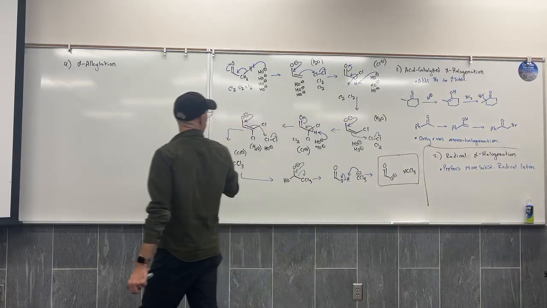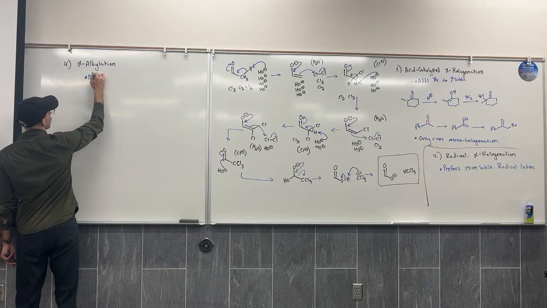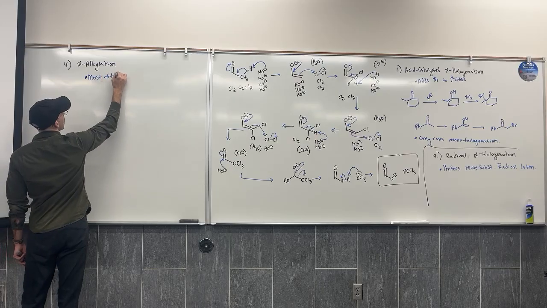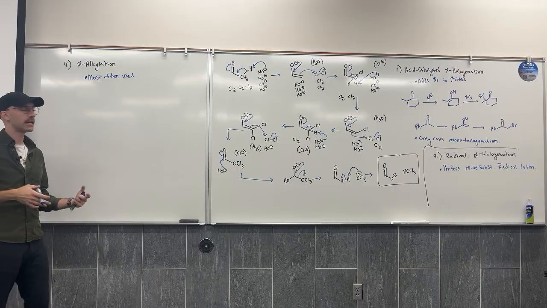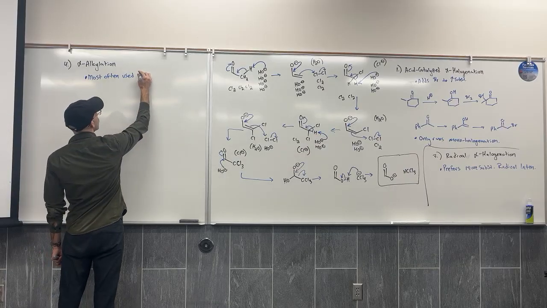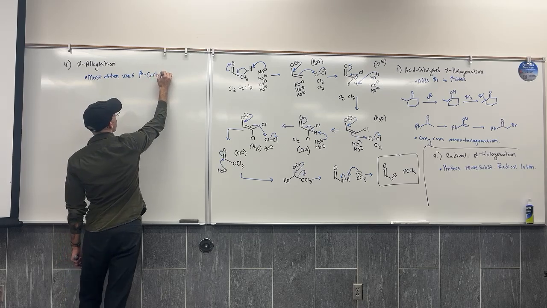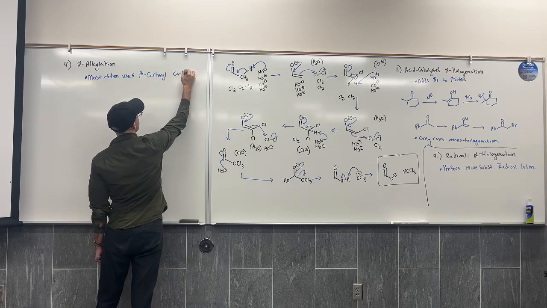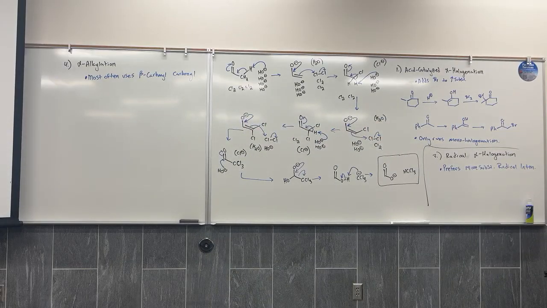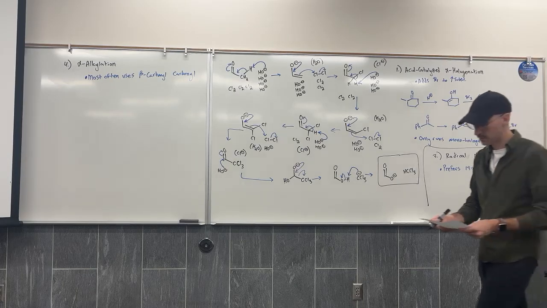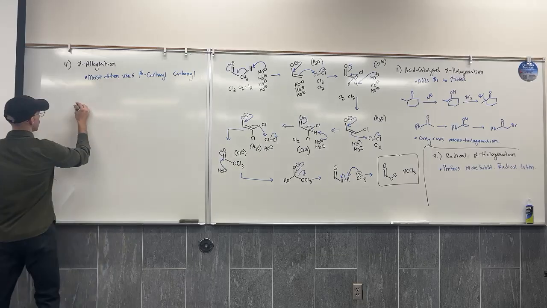Alpha alkylation is most commonly done with those shared alpha carbonyls, a beta keto carbonyl. So you see there that we've got ethyl acetoacetate going through its alpha alkylations. I want to show you guys what this looks like.